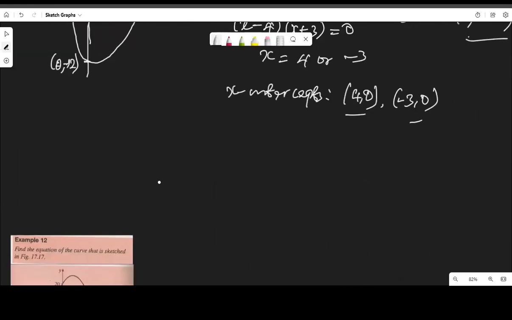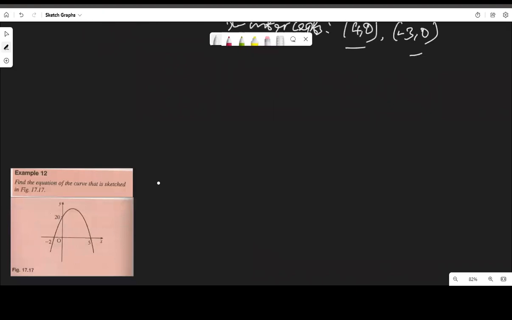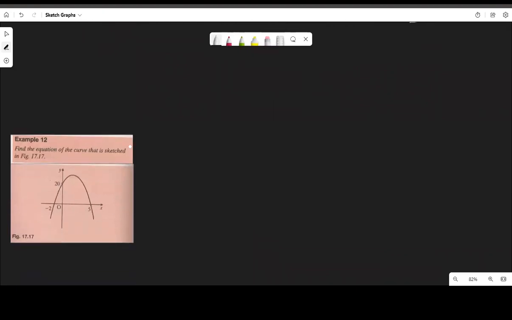Now we'll move on to the next question here. Find the equation of the curve that is sketched in figure 17.17, this figure here. Now we have x to be negative 2 or 5. And we have x to be negative 2 or x to be positive 5.